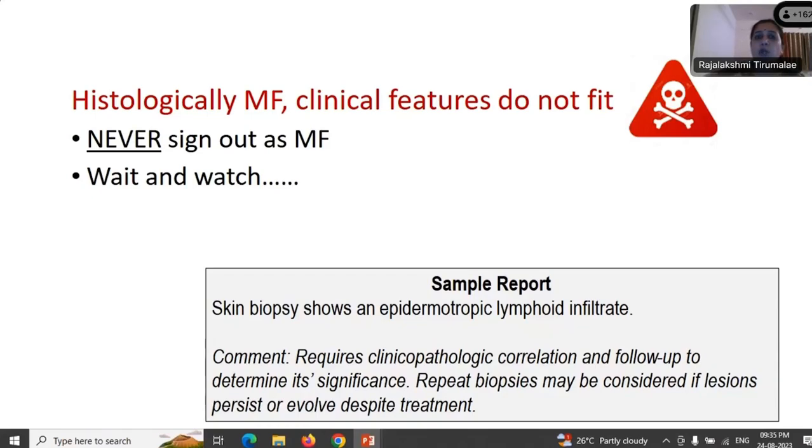And remember, it is not always necessary to see atypia in the lymphocytes, right? Atypia can come only in advanced disease. In patch stage lesions, you don't find atypia at all. So you could say, we don't know the significance. It requires follow-up. If it doesn't resolve, always consider repeating a biopsy, right?